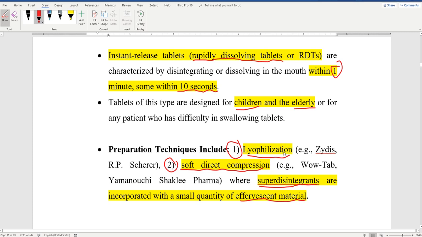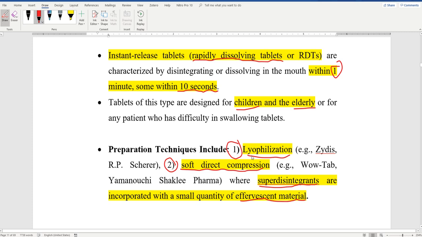Lyophilization is another term for freeze drying. Freeze drying is a method by which your preparation is frozen and, using the right equipment, the freeze dryer, you'll be able to remove the liquid from the solution or suspension, leaving something like a plug.